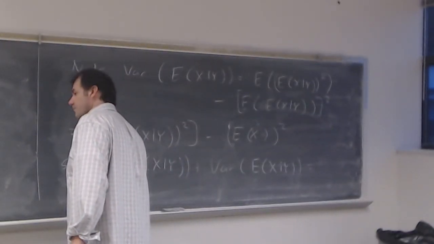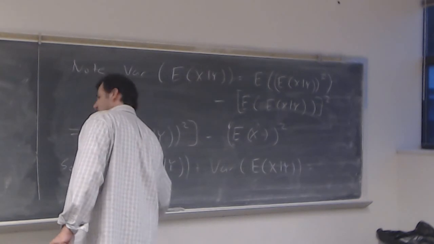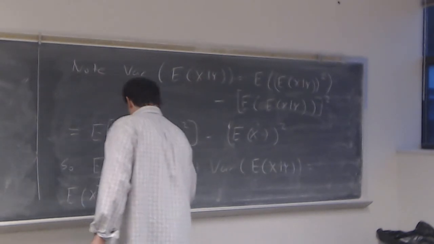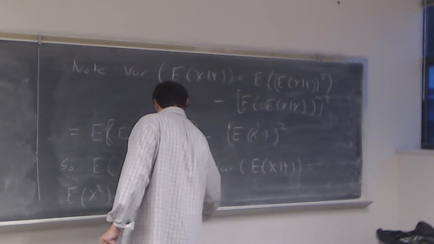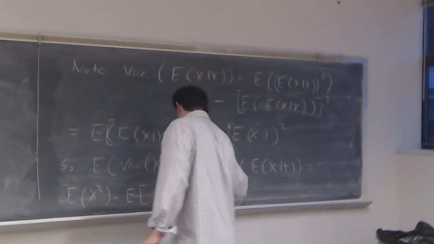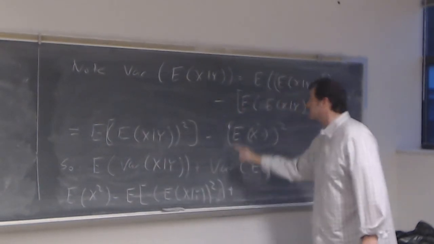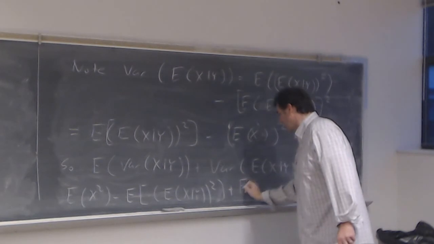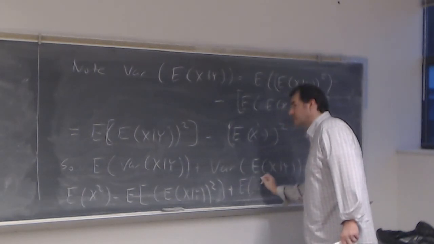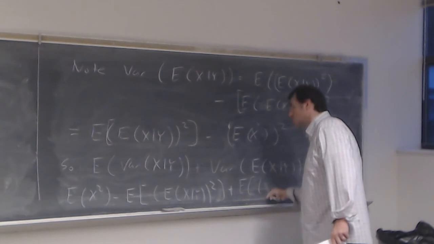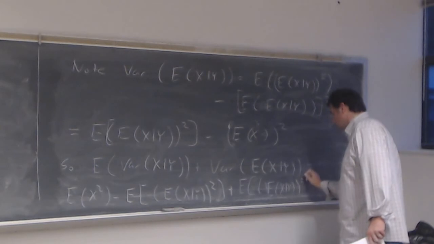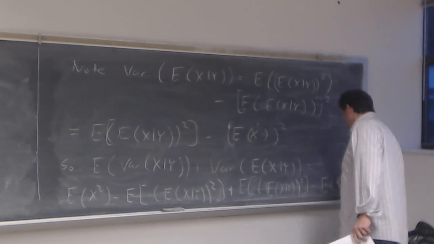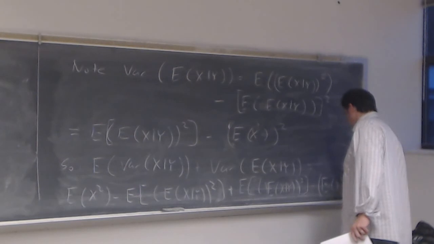then that's equal to this guy we just found, the expected value of x squared minus the expected value of the quantity, the expected value of x given y, that to be squared, plus the expected value of the quantity, the expected value of x given y to be squared minus the expected value of x, all that to be squared.